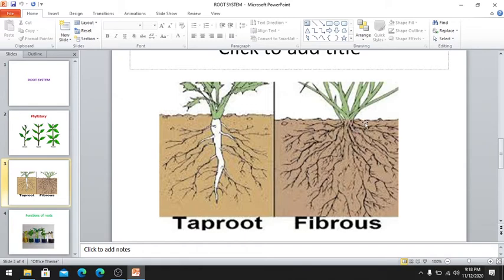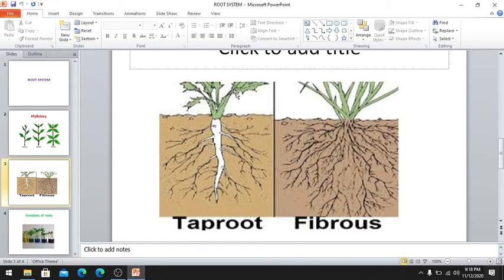Such type of plants are having fibrous roots. And you can also find it out without pulling out the plant. You can identify whether the plant has taproot or fibrous root. How can you identify this?